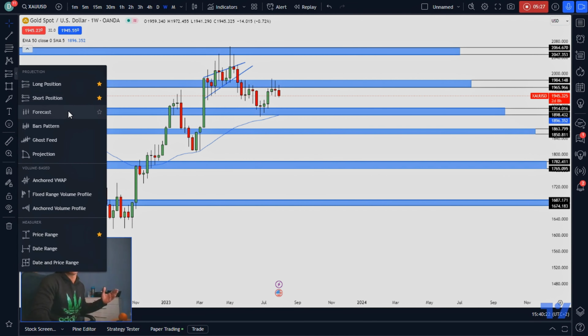We hit an area of resistance as well, so it's like a supply zone, I would say. Price hit the supply zone up here, so that's why it's reversing all the way down.